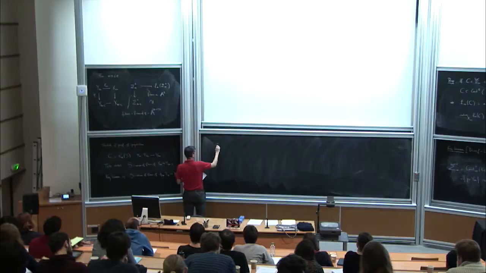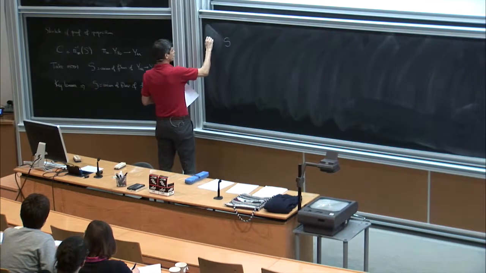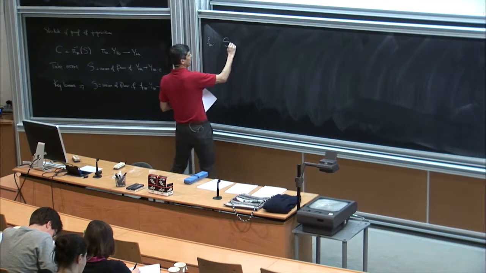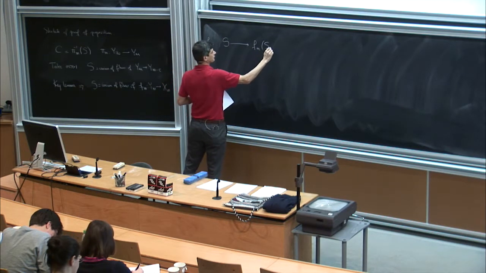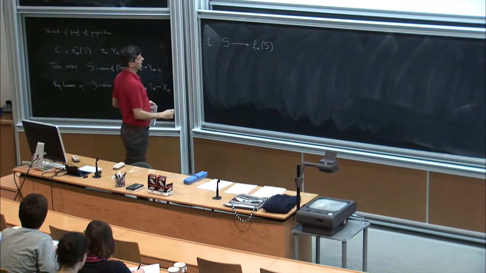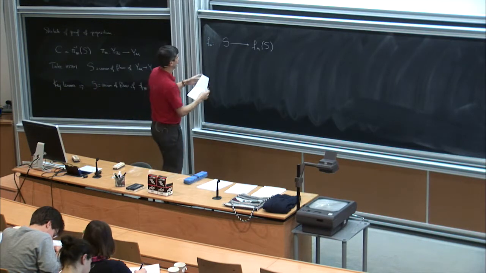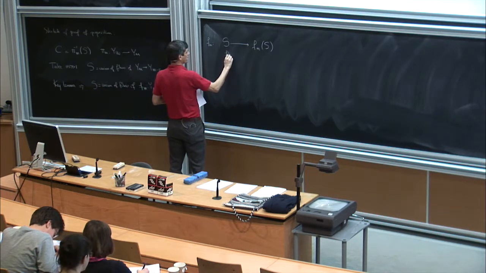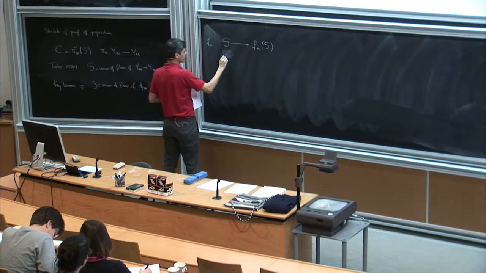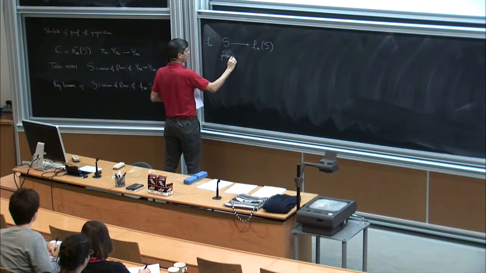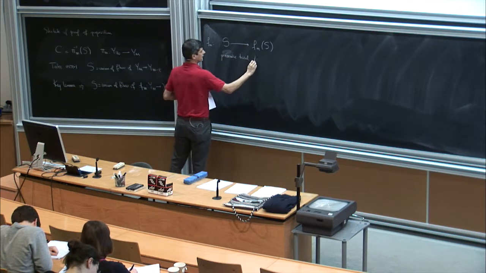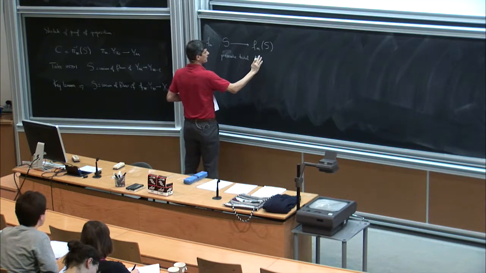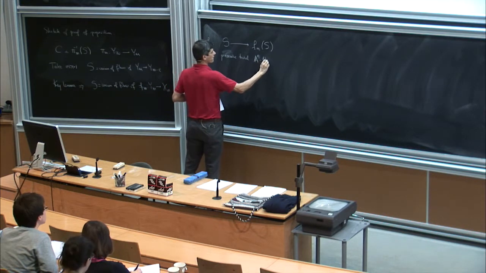So now you have a fibration. F_m induces a map from S to this image. And what do we know about this? Well, these are the fibers. Let me say it is a piecewise trivial fibration.